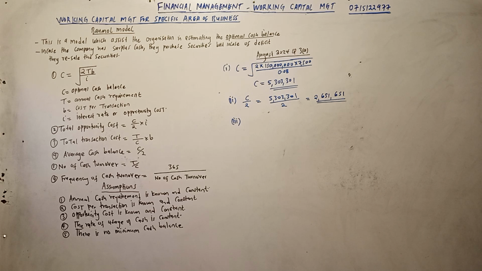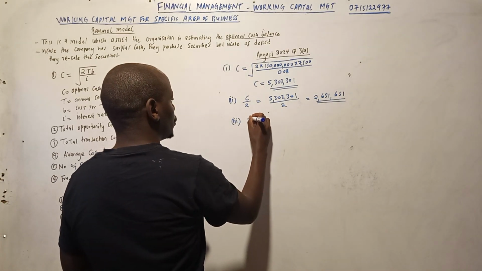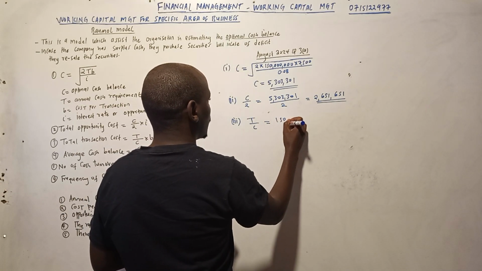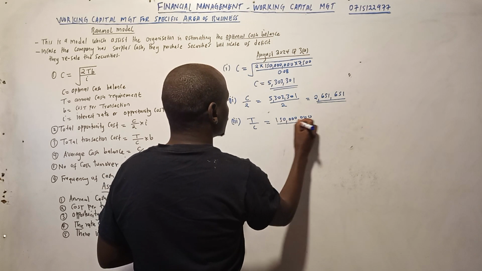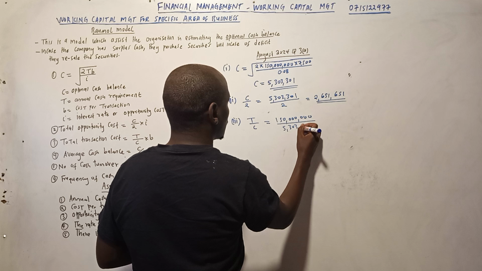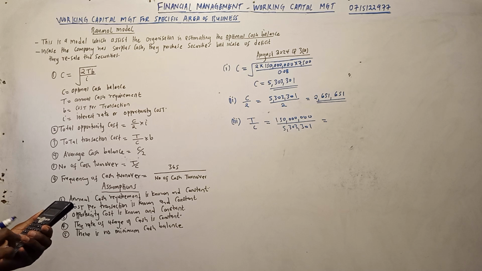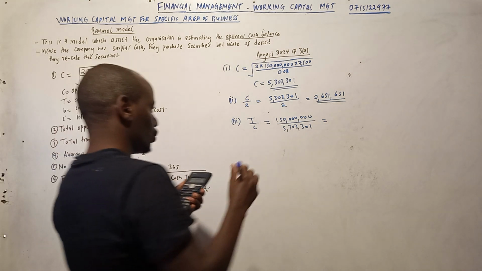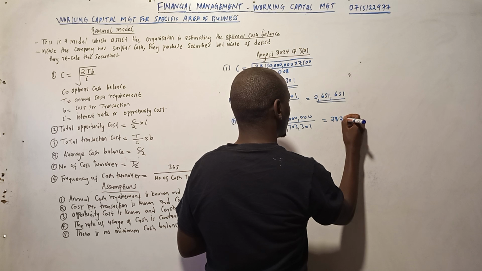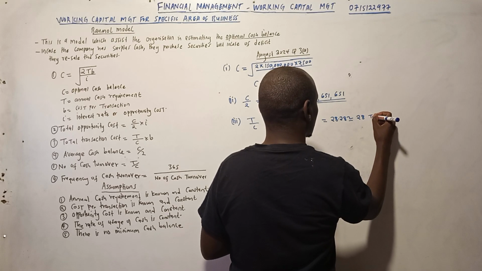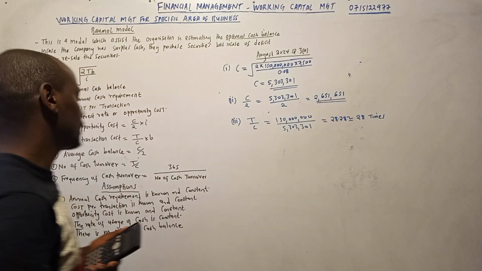The number of transfers is the number of cash turnovers, which is T over C. Our T is 150 million divided by C, 5,303,301. That gives 28.28, which is approximately 28 times.